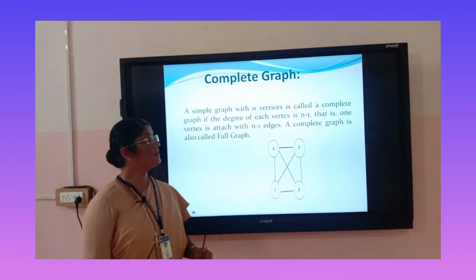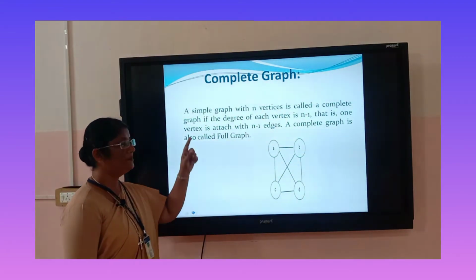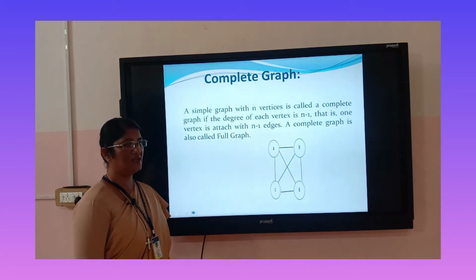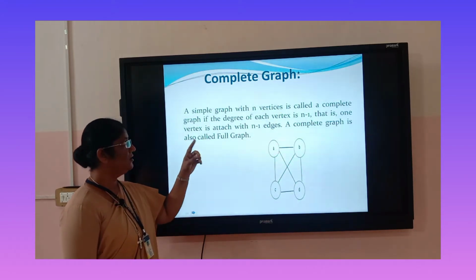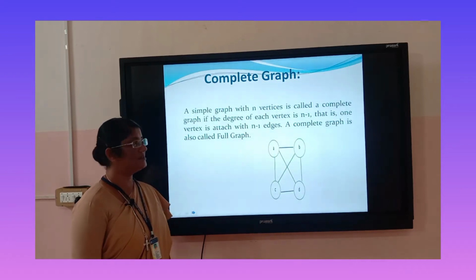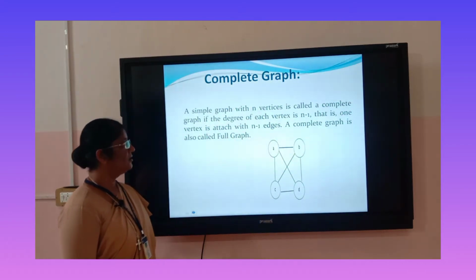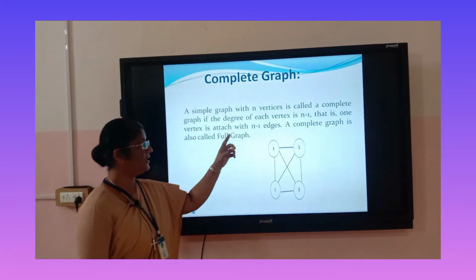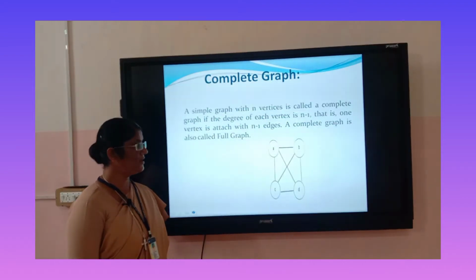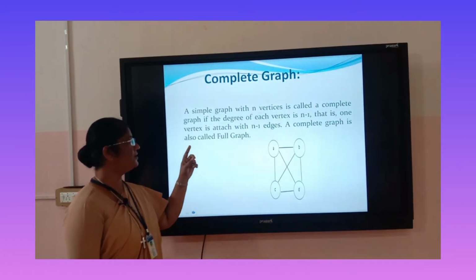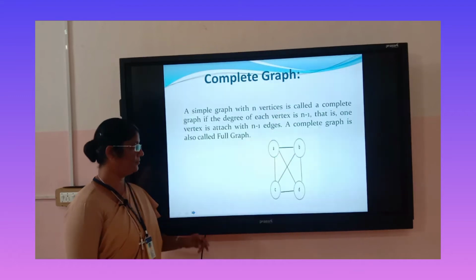The definition of complete graph. A simple graph with n vertices is called a complete graph if the degree of each vertex is n minus 1. That is, one vertex is attached with n minus 1 edges. A complete graph is also called a full graph.